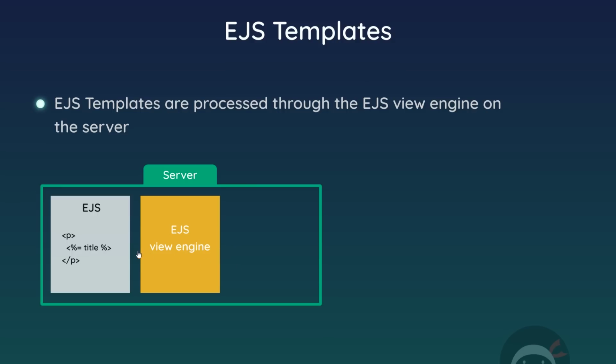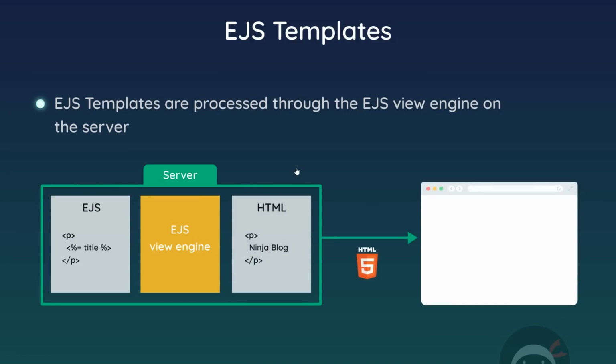Now, the engine looks for any kind of dynamic content, variables, loops, conditionals, etc. Then, whenever it finds those, it figures out the resulting HTML code for those parts, and in the end, it spits out a valid HTML page based on the template we wrote. And then that HTML page with the resulting data inside it will be returned to the browser. So this whole process is called server-side rendering.